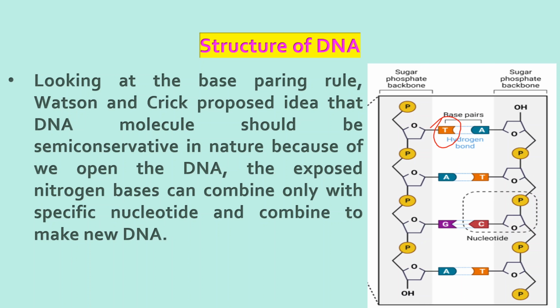Adenine will form a bond only with thymine, not with cytosine, not with guanine, not with any other adenine even. The same is true with the others. So even if we separate the two strands, the newly synthesized strand will be exactly the same type as the existing one. This is how a new strand will form, and the new strand will look exactly similar to the parent one.